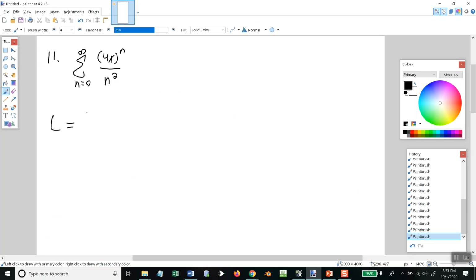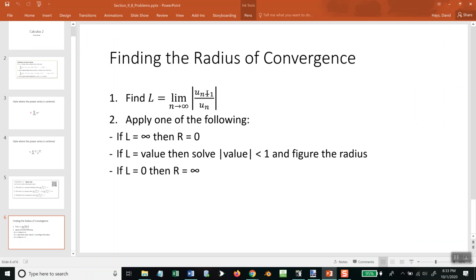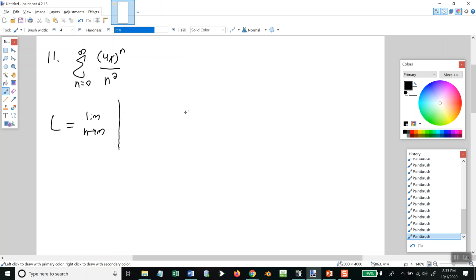So limit as n goes to infinity of the absolute value. And on top, we're plugging in n plus 1 for the n. So we're going to have 4x to the n plus 1 over n plus 1 squared over 4x to the n over n squared.